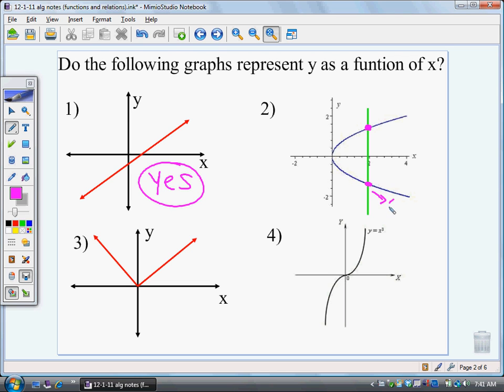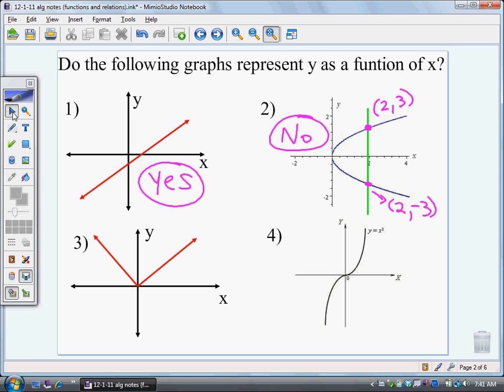This is approximately (2, -3), close to, and this one is close to (2, 3). So there are 2 points with the same x coordinate. They're lined up above each other. So that means that this particular one is not a function. So is y a function of x? The answer there would be no.